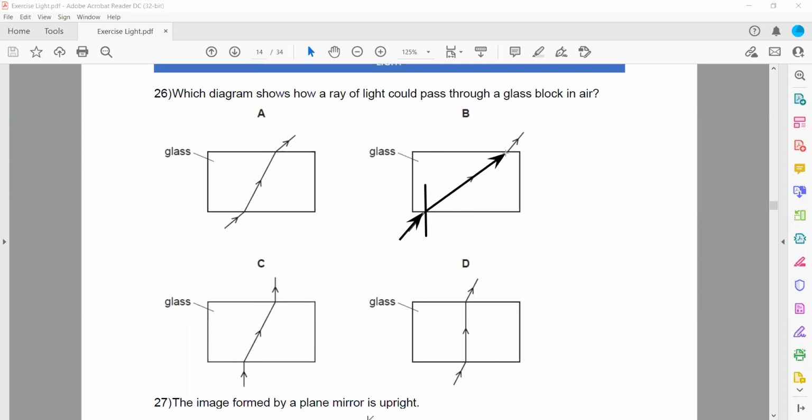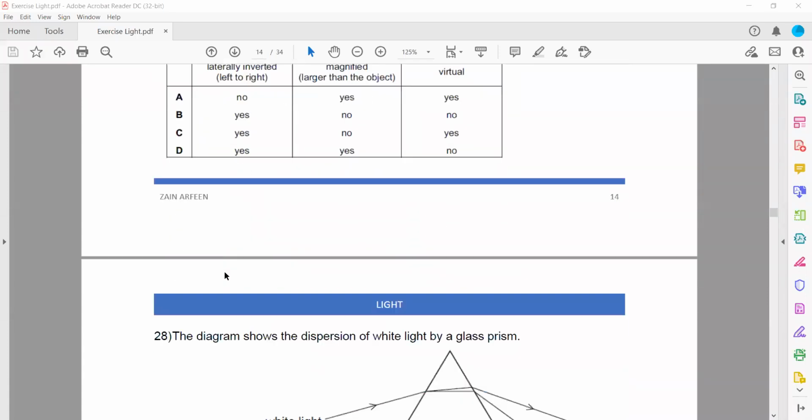But B shows it bends away from the normal. That's why B is wrong. So whenever a ray of light is passing, it should bend towards the normal as it travels from air to glass.